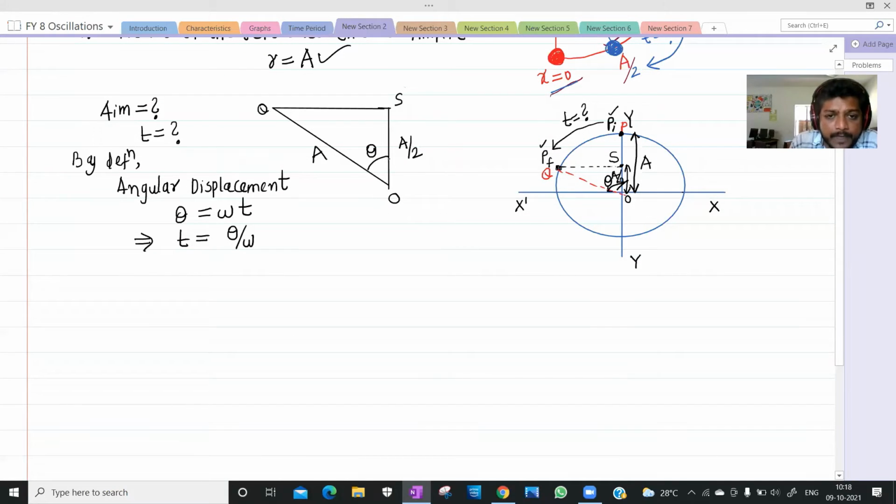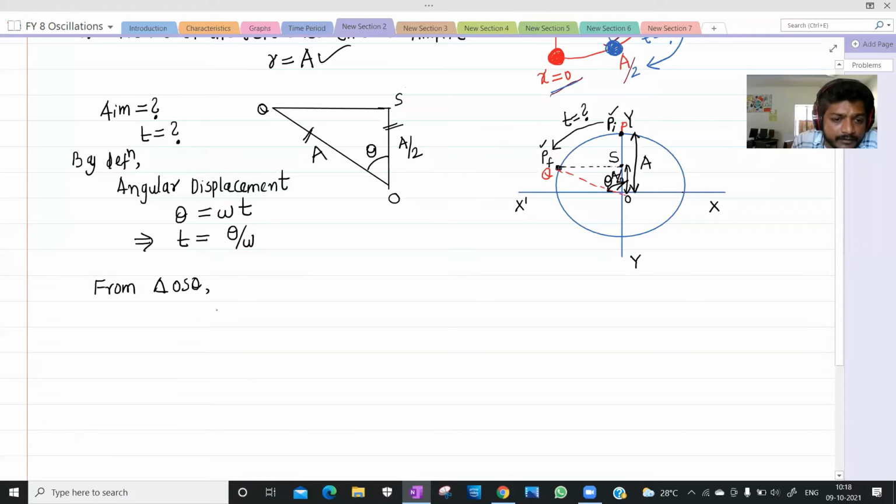So from this, in triangle OSQ, this is the adjacent side and this is the hypotenuse. Which trigonometric ratio do I have to use? Cos theta.